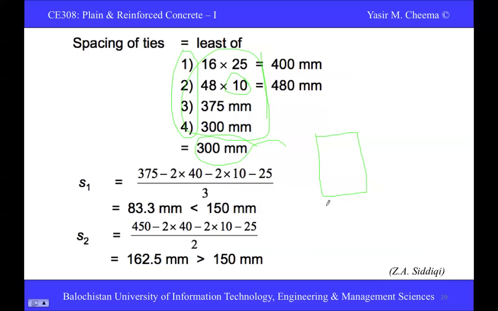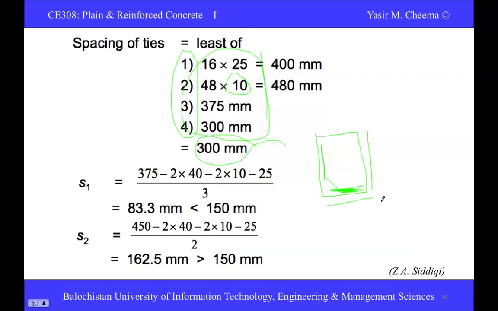This dimension is 375 mm, and this dimension is 450 mm. So now we have to find how many bars we can provide here, and what would be the spacing between these two bars, and if we provide reinforcement in this direction, what should be the spacing. Let's say the spacing on this side is S1.